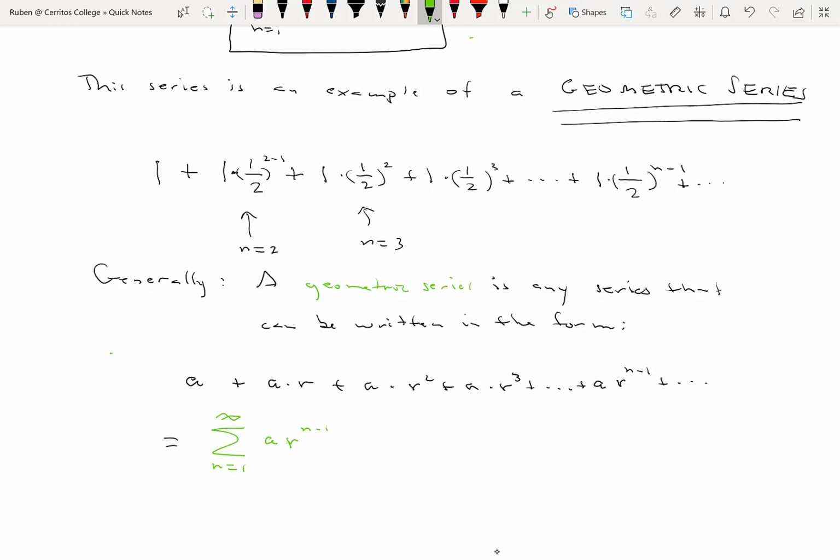The r was the fraction of their previous order that they ordered for their next, and it was 1/2, for example. The first person on a date ordered 1 pizza, a equals 1. Then for their subsequent orders, each subsequent order was 1/2 of the previous one, so r was 1/2. So this is the general case where the person orders a pizzas to begin with. They could be 1, they could be 5, they could be 100 pizzas.